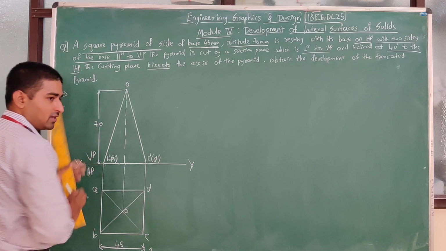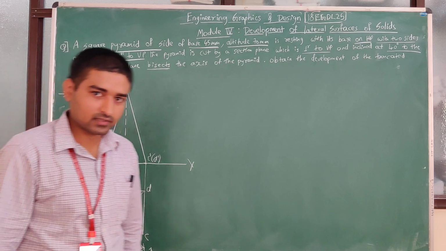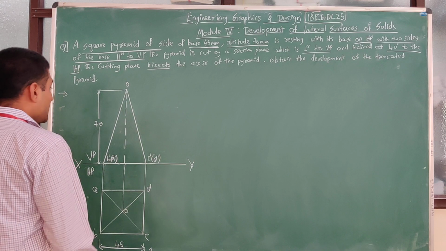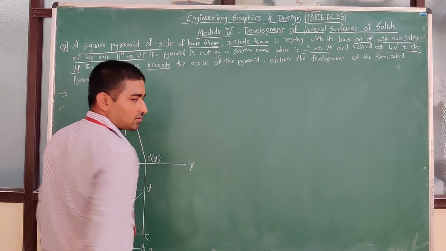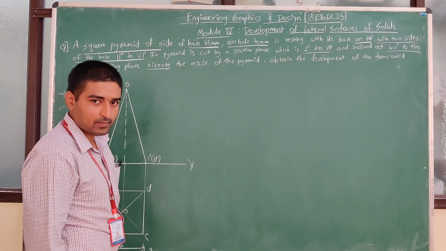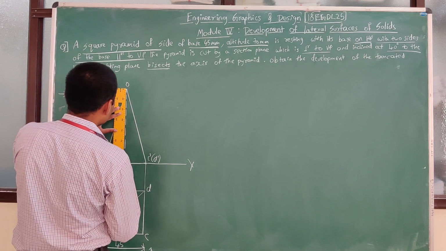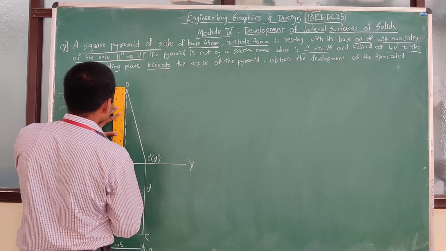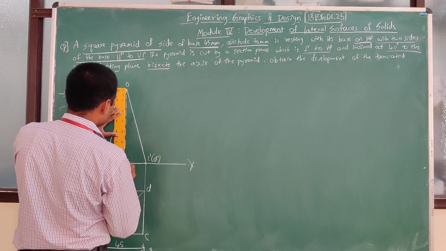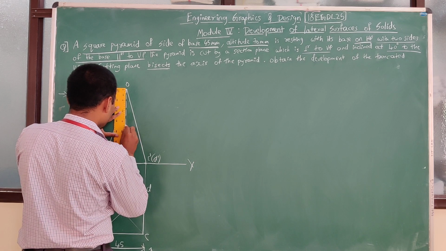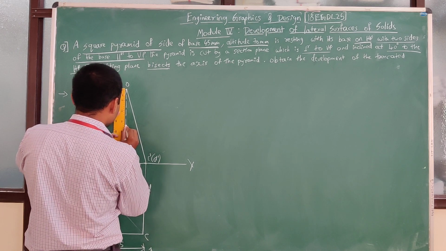The bisecting length will be 35. Exactly, right? So always remember, in any problem, if the word bisect is coming, that is nothing but we are going to divide the axis height by half. Now if I divide this one exactly half, I am going to get a point, right?